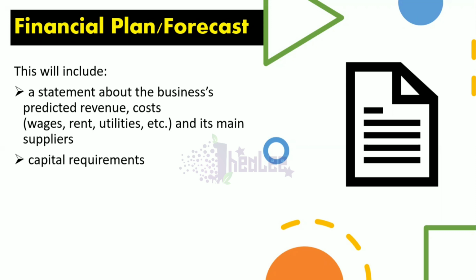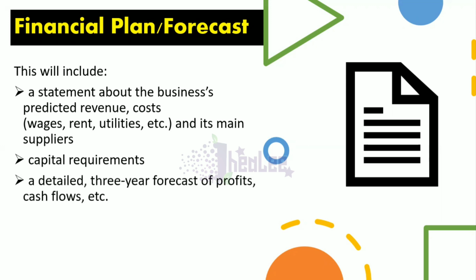What is it that the business will need in order to start, to run the business? What is the investment that is needed? Also, it looks at a detailed 3-year forecast of profits, cash flows, etc. And basically, what it's looking at when it states the forecast, I mentioned the cash flow.